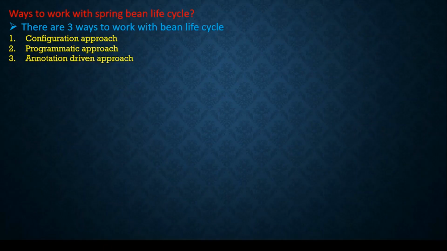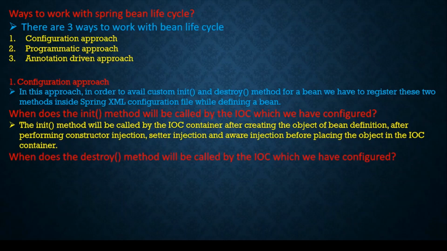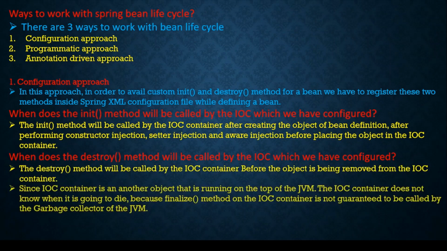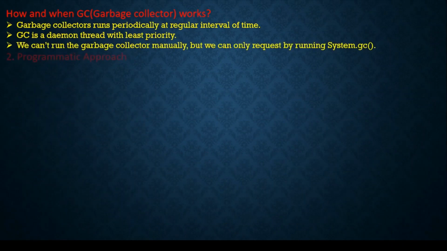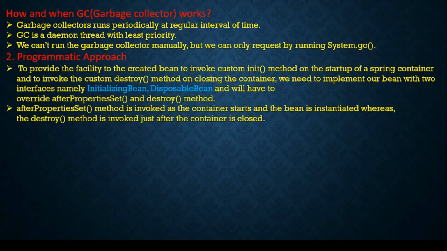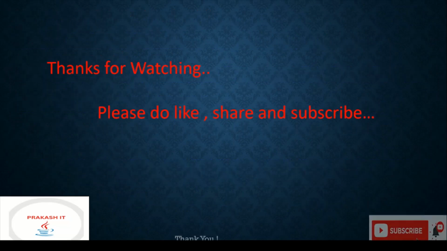The theoretical things I have already demonstrated, and whoever wants a copy, I have documented all of these here, so anyone can take it away. The programmatic approach is InitializingBean and DisposableBean, where we override the methods, and then the annotation approach. Okay, thank you.